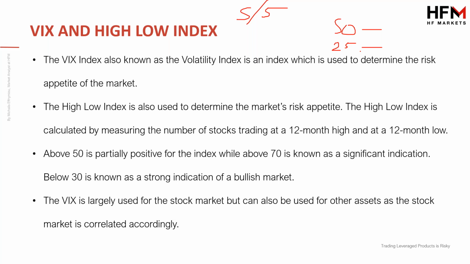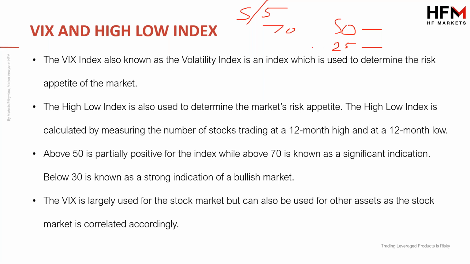So you can use this to determine if buyers are controlling the market or if sellers are controlling the market. And you can see if sellers are gaining control or if buyers are losing control. Because for example, a while ago, we were looking at the high-low index being around 70.